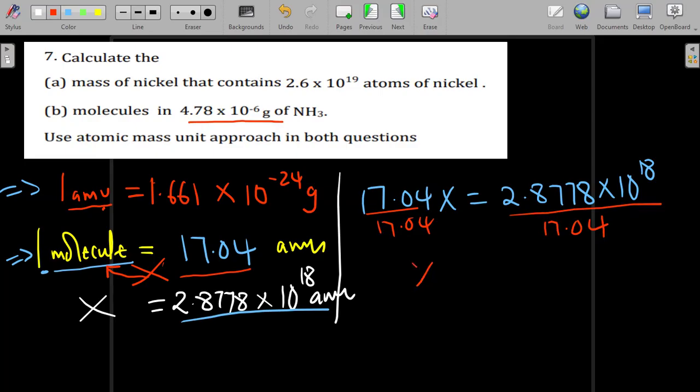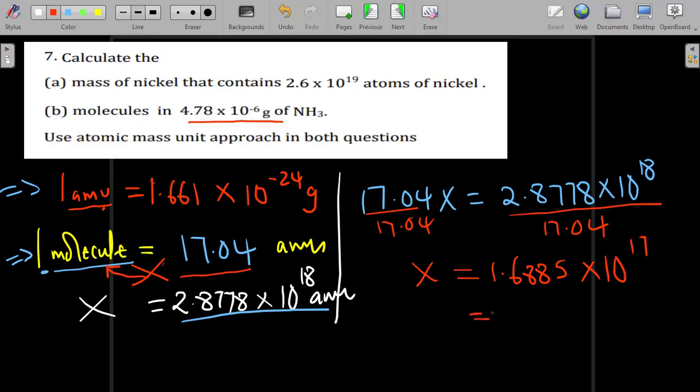So x is equal to, let's divide that number on the calculator. If I put that on my calculator and divide, I'm going to have the following as my answer: 1.6885 multiplied by 10 to the power 17.